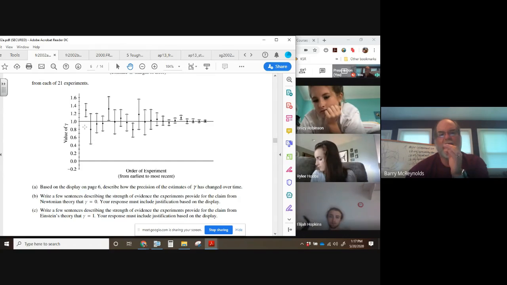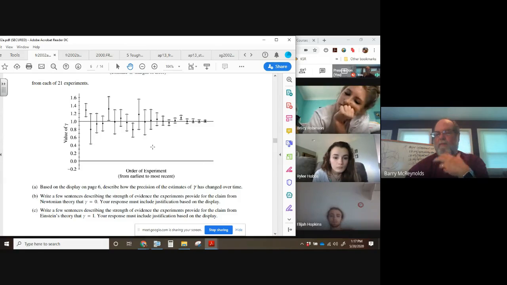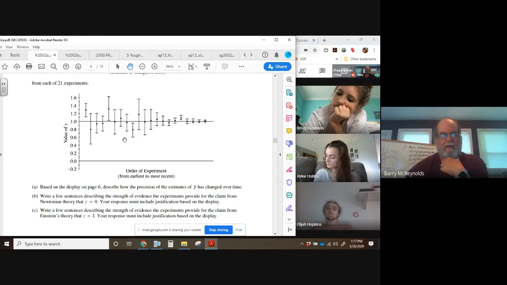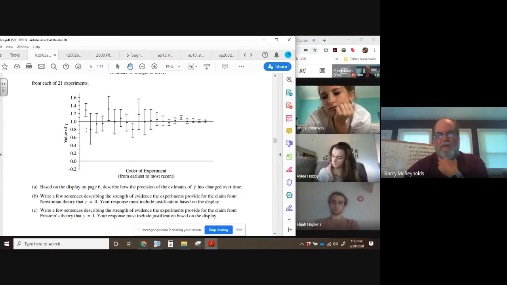If you want to be really precise and make sure you get all the frosting on the cake, you would say only 4 of the 21 experiments do not contain the value 1 in the confidence interval. Or to put a positive spin on that, you would say the strength of the evidence is very strong because 17 of the 21 experiments contain 1 in the confidence interval.